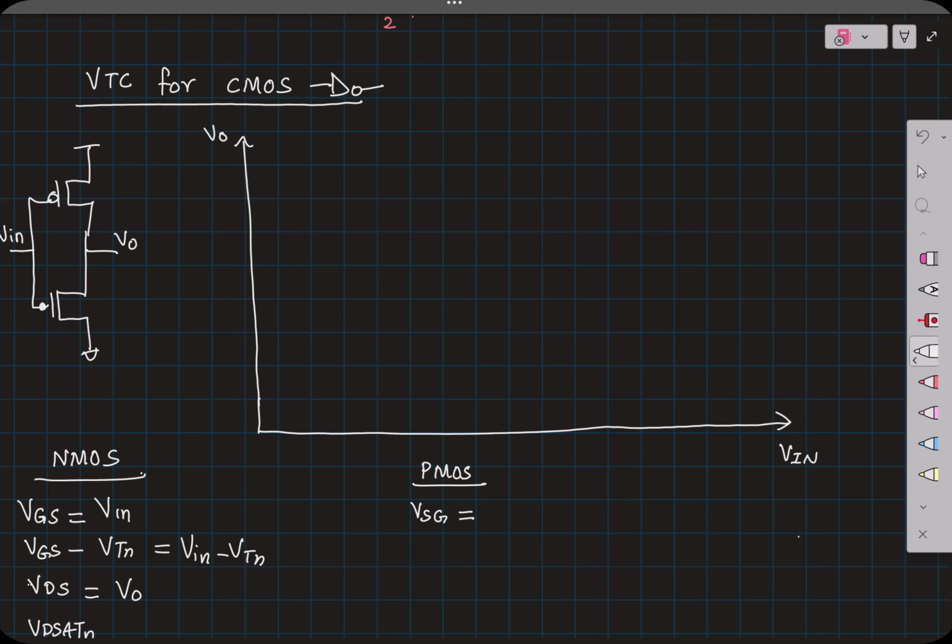The source voltage is at VDD, gate voltage is at Vin, so VSG is VDD minus Vin. Right? So VSG minus mod VTP is the voltage that you need to look at. What about your VSD? Source is at VDD, drain is at V0, so VSD becomes VDD minus V0. Okay? So VDD minus V0, and finally you will have some VDSat.